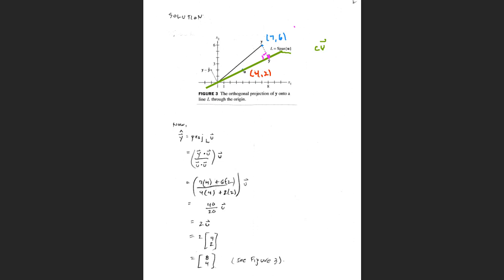If you project the vector y onto that space L, which is the span of the vector u, the projection vector is going to be right here. And we need to find what that projection vector is. Okay? That's the scenario that we're talking about. Now, we learned, well, are there any questions on that so far?